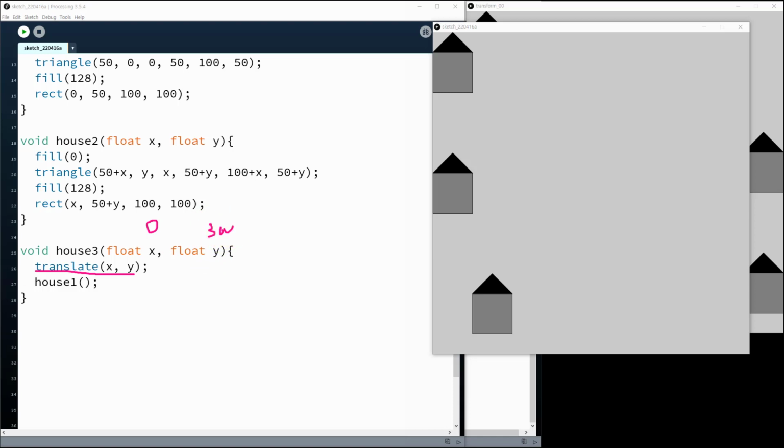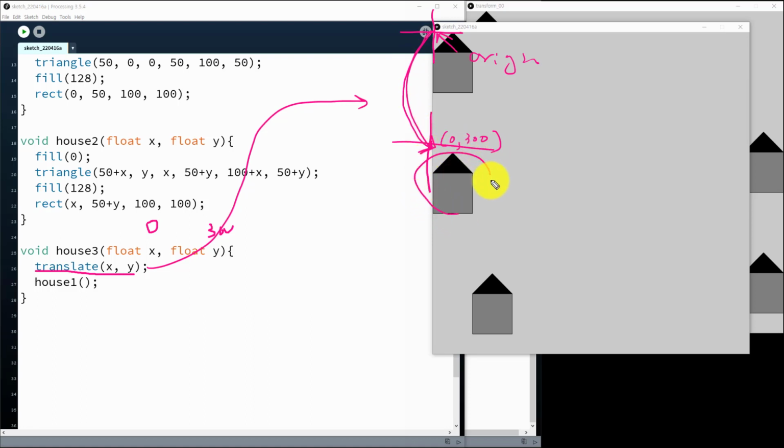The translate function will translate the origin to X and Y, so here is 0, 300. Actually the 0, 0, the left top corner of the canvas, was the origin. But the translate function moves the origin to a different point. So from now on, this is the center. That's why we can draw just the first image.